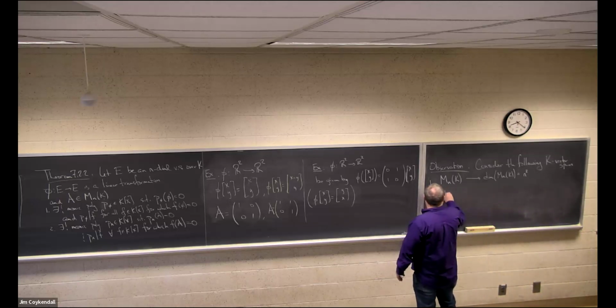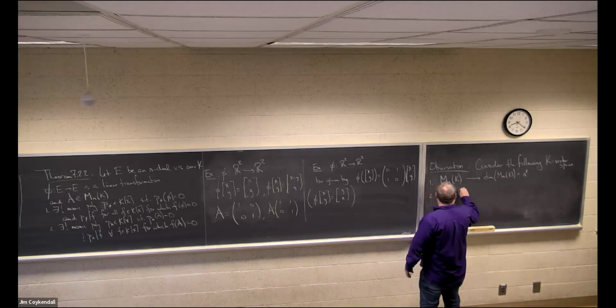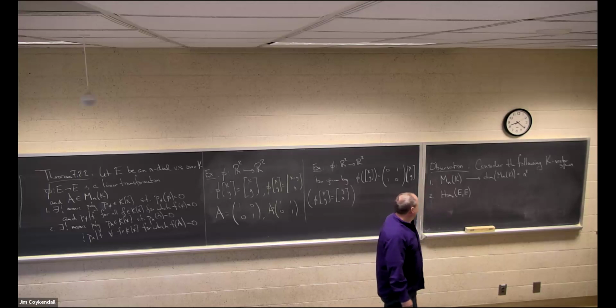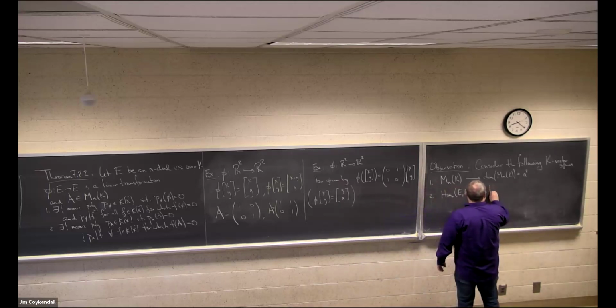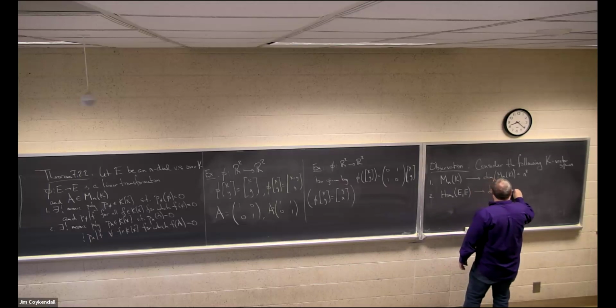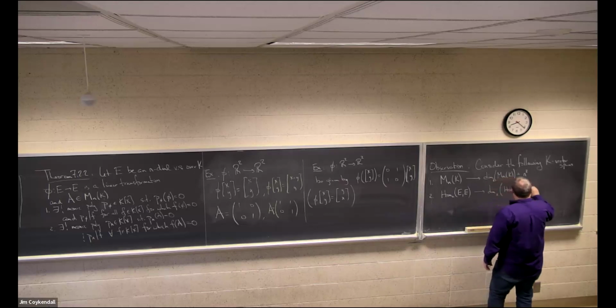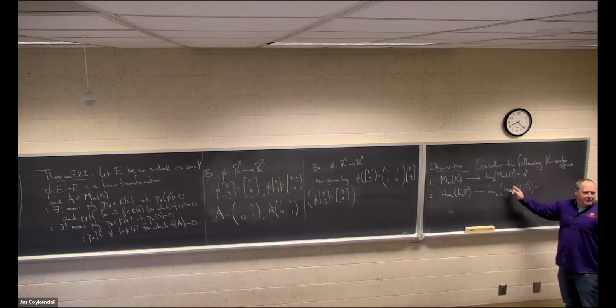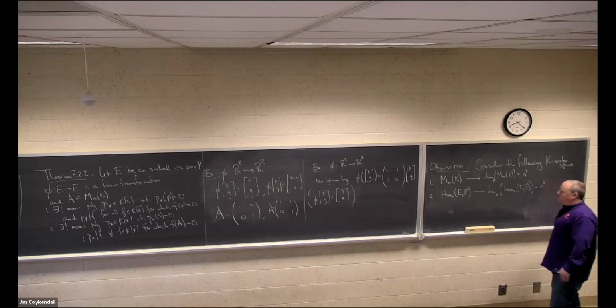Two, this is kind of a red herring. This is essentially isomorphic to this, so this is also n squared.